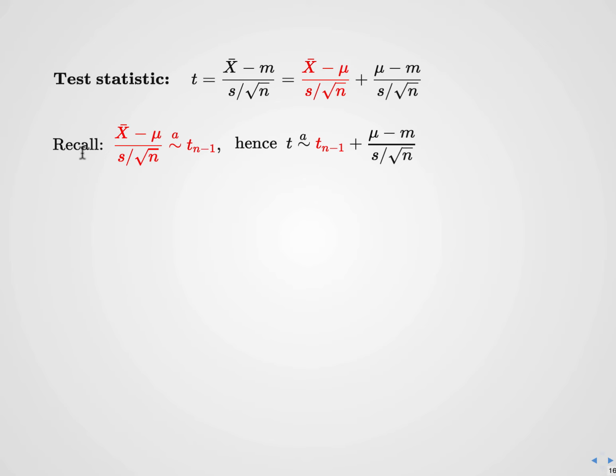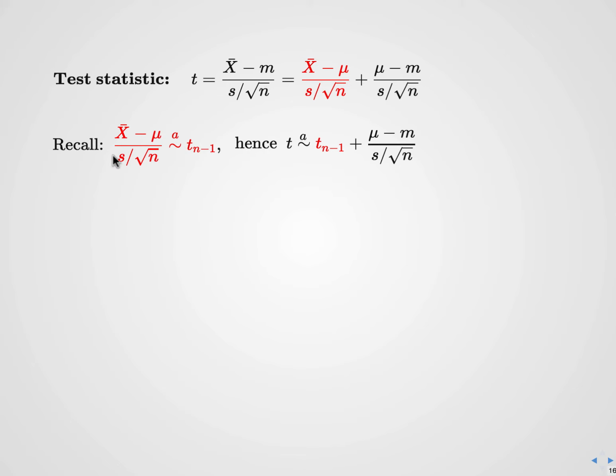This first part is something we would recognise because we did quite a bit of work on expressions of this form when we were talking about the central limit theorem and sampling distributions for the sample mean. Going back a couple of lectures, we found that because of the central limit theorem, the sample mean minus the population mean, whatever that is, divided by s over the square root of n, is approximately t-distributed with n minus 1 degrees of freedom.